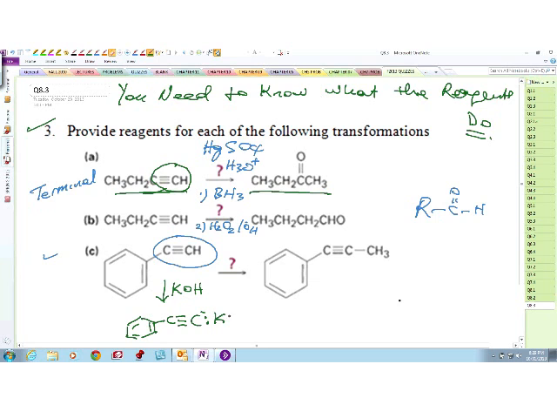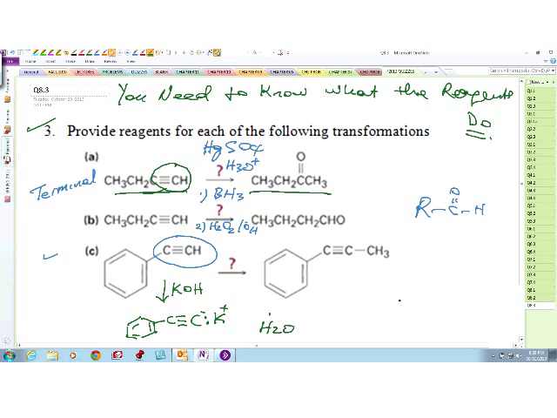You form the potassium, quote and unquote, acetylide. This is an acid-base reaction in which the hydroxide is essentially pulling off this hydrogen. Of course, you are going to form water. And in the process, you form the anion of the terminal alkyne.